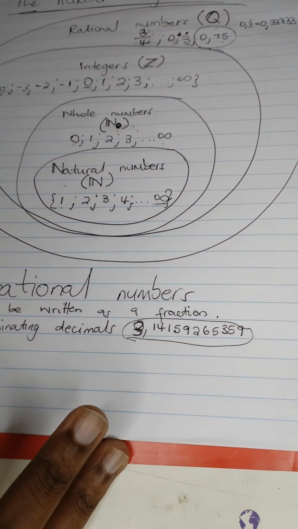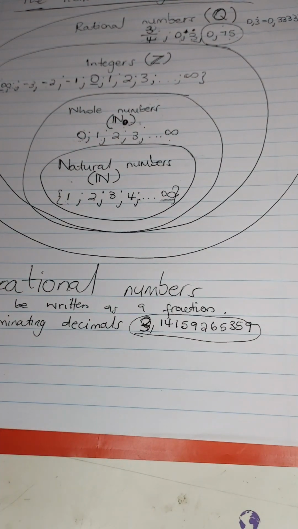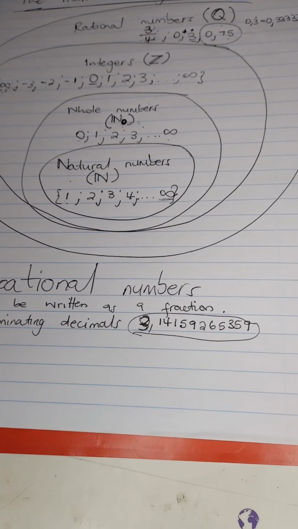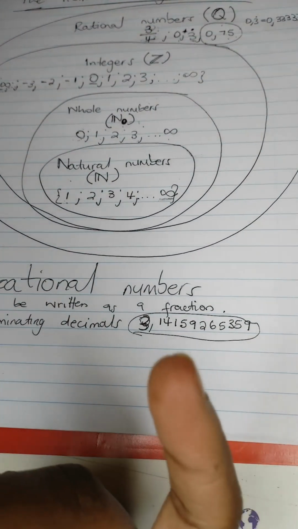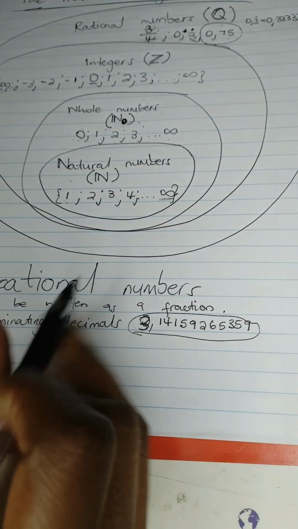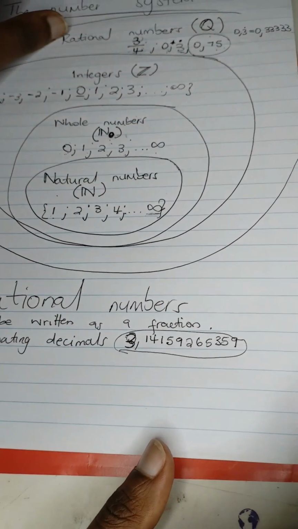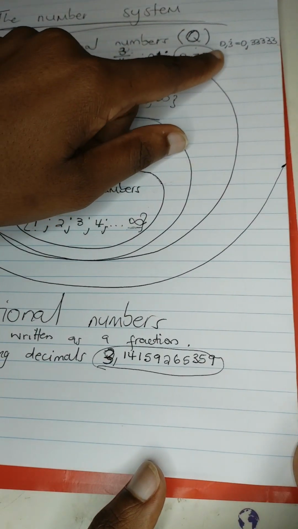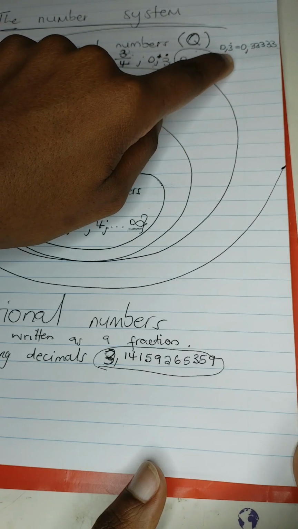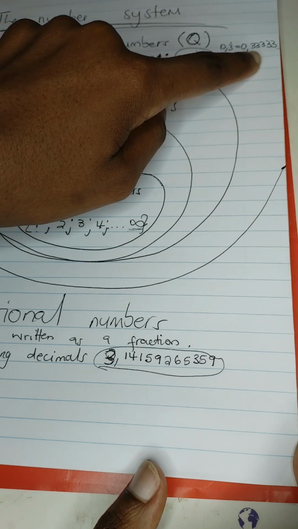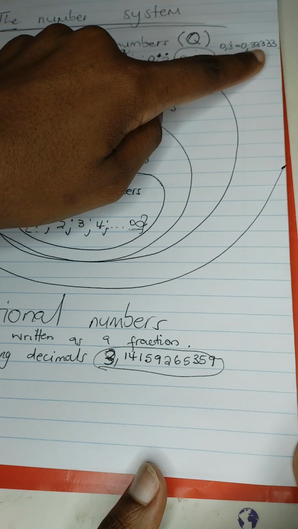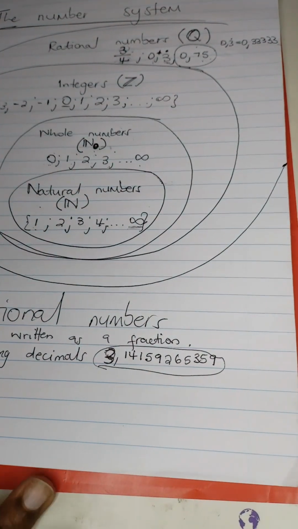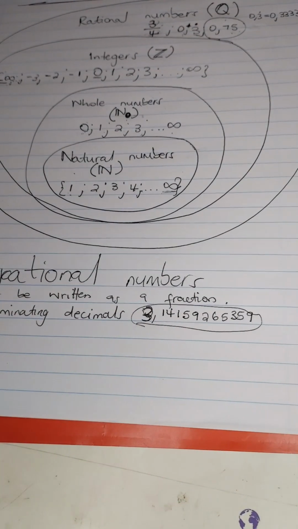And the third, the last one, is that irrational numbers do not have recurring decimals. Remember, a recurring decimal is like this one, where you have a dot on top of a decimal, showing that the decimal repeats. It recurs.